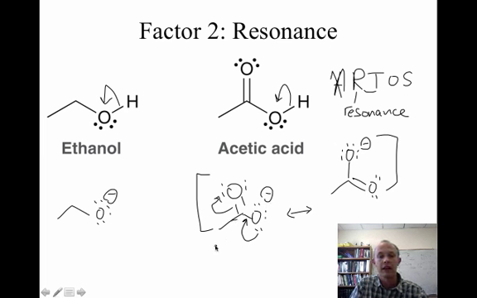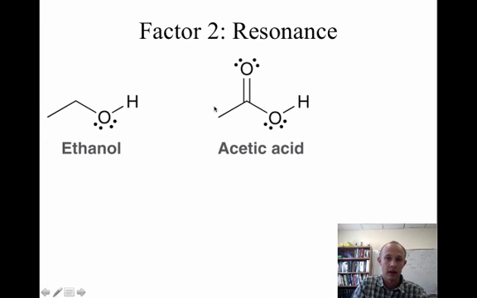So that means the acetate ion is more stable, meaning that acetic acid is going to be the stronger acid.